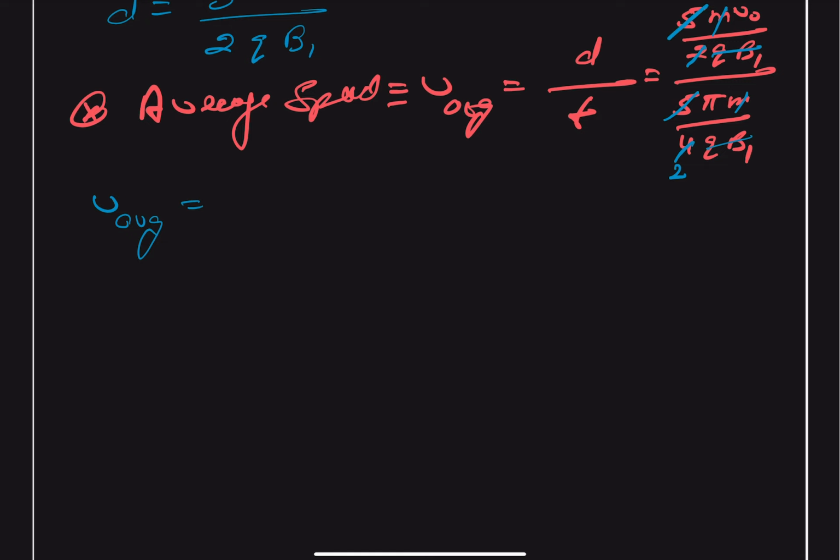So we are left with v0 pi upon 2. So we can write this as 2 pi upon pi, and here pi goes with pi. So we are left with v average equal to 2 meter per second. So this is the velocity along the x-axis that was supposed to be asked.